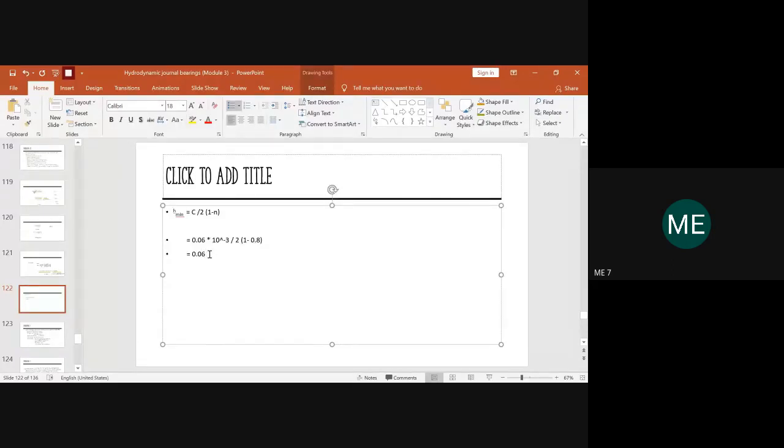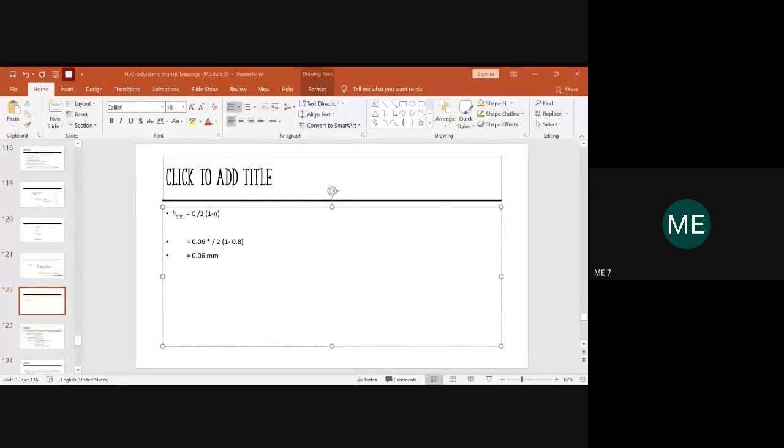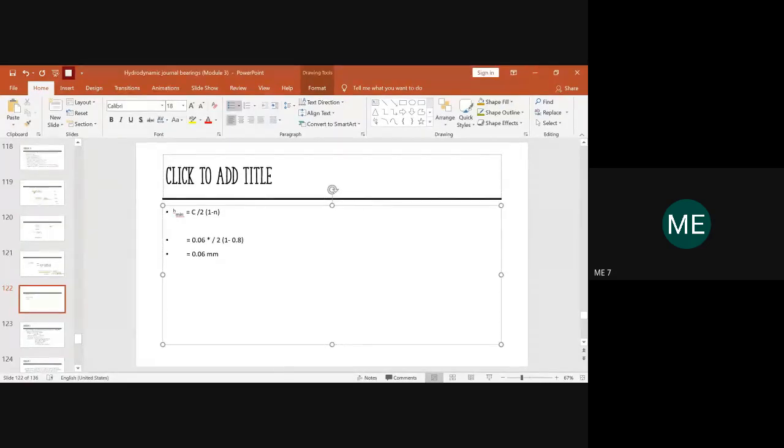H minimum, if it is too lengthy to be shown in meters, then you just omit this. So then it comes directly to 0.06 mm.